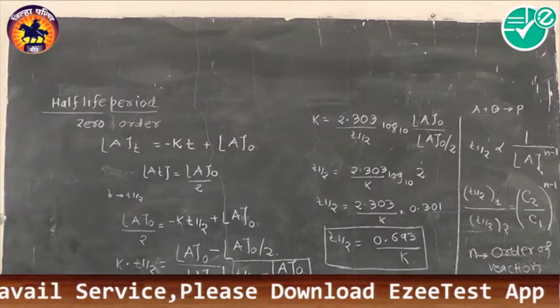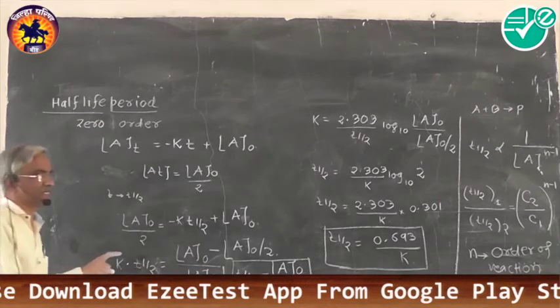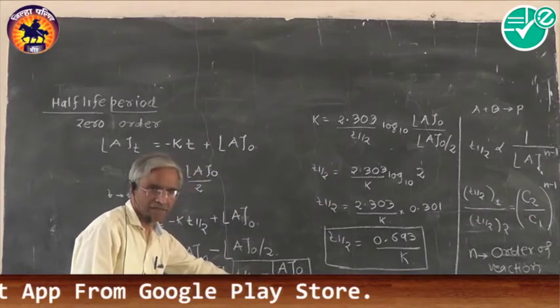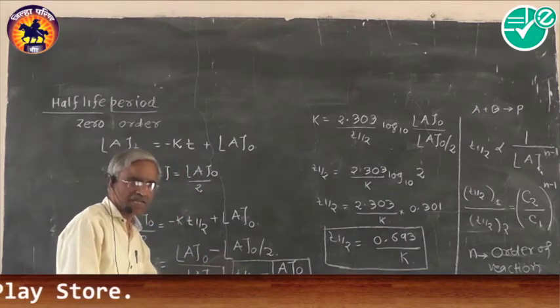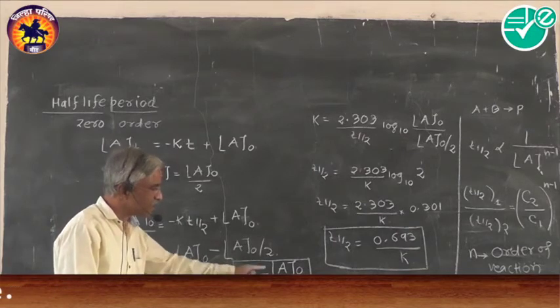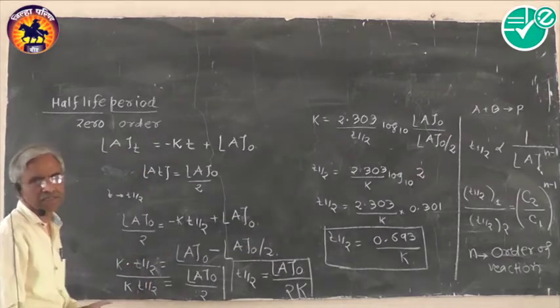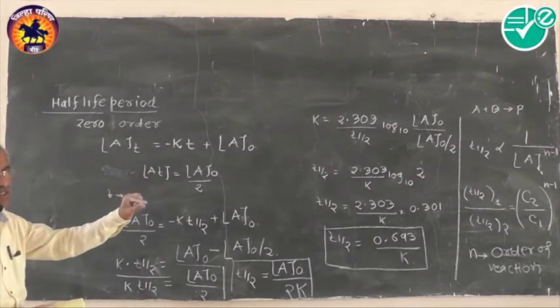If we determine the half-life period and it satisfies the equation A0 upon 2k, that means the half-life period for the zeroth order reaction always depends upon A0, while for first order reaction it is independent of the initial concentration.